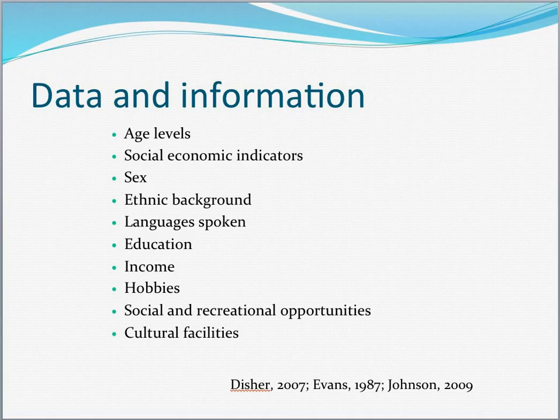Age levels, socioeconomic indicators, sex and gender, ethnic background, languages spoken, education, income, hobbies, social and recreational opportunities, cultural facilities, etc. These are variables that we have to identify in order to understand our community and their information needs. Okay?